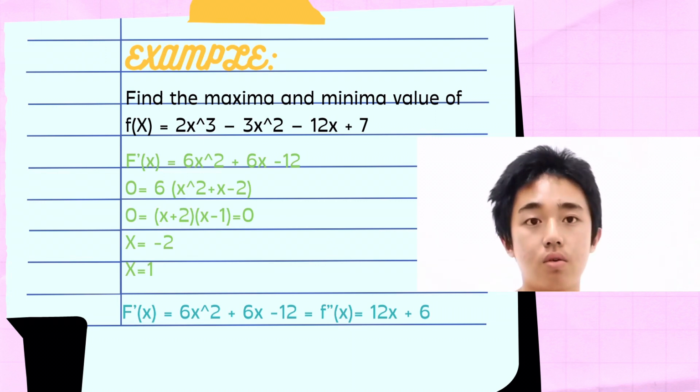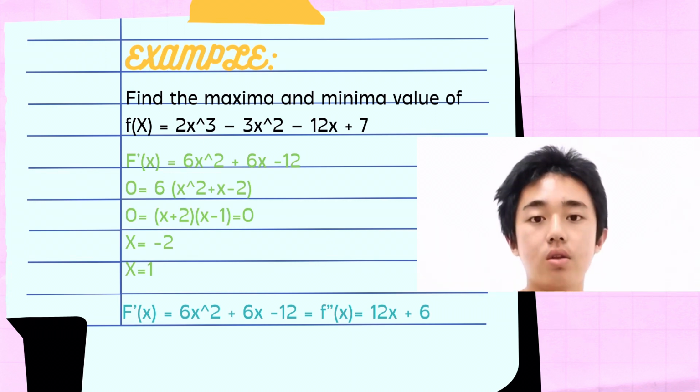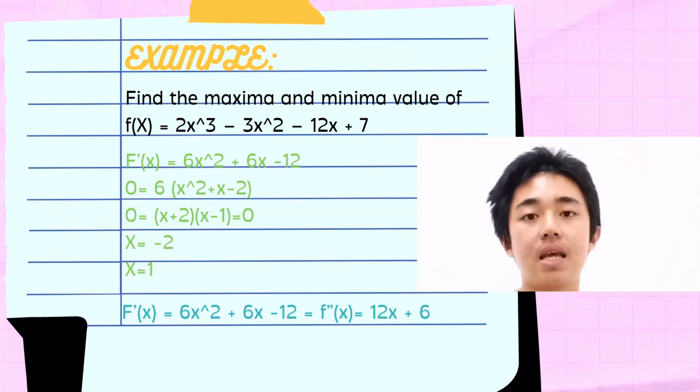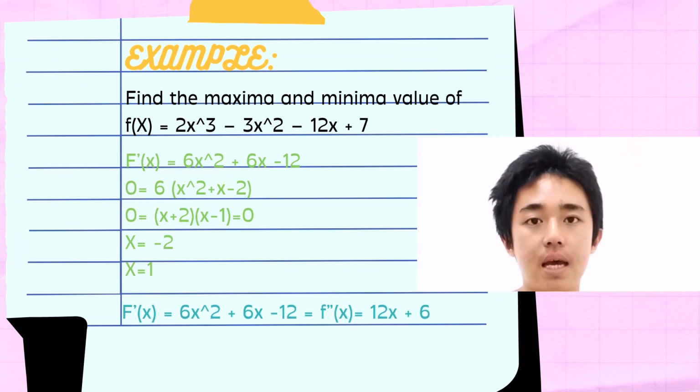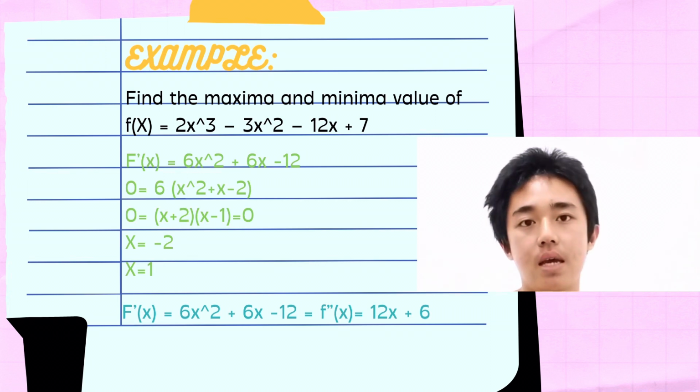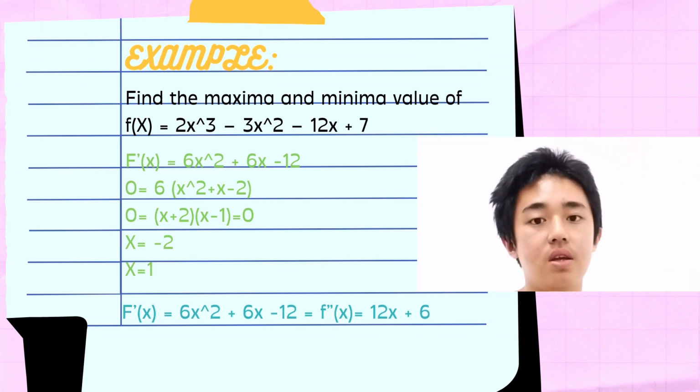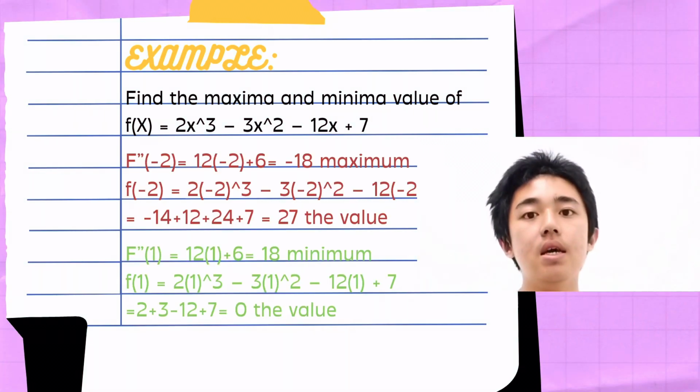And now we're going to search for the second derivative. Because we already have the first derivative, we can use that to find the second derivative. So 6x² - 6x - 12 is the first derivative, and the second derivative is 12x - 6.